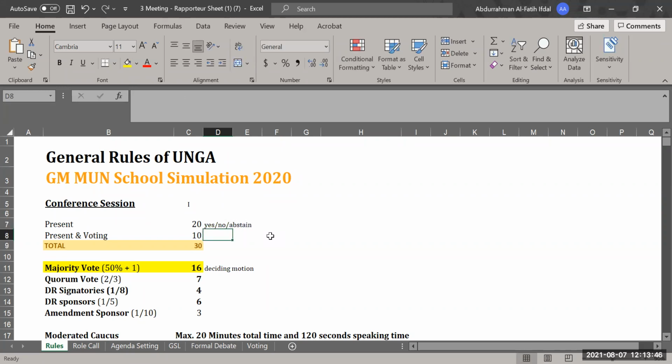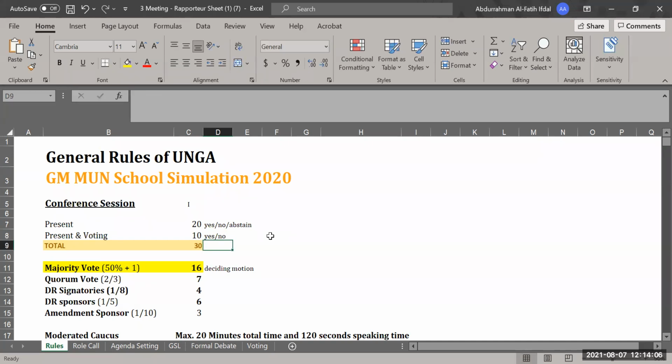But when you choose to be present and voting, it means that you will be voting, either yes or no. Either way, you are not choosing to abstain. So when it comes to present and voting, the only option is yes or no.